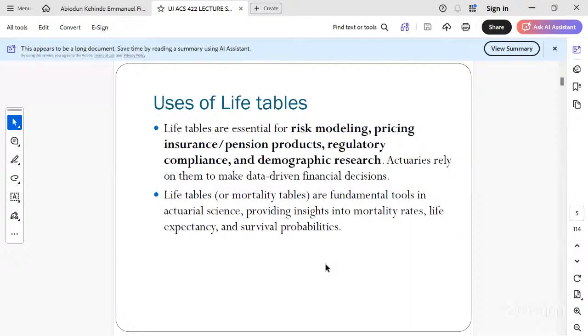For actuaries, life tables are very essential for risk modeling, for pricing life products, for pricing pension products, for investigating mortality experience, and also for demographic research.